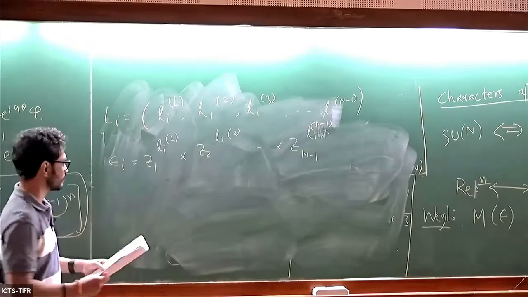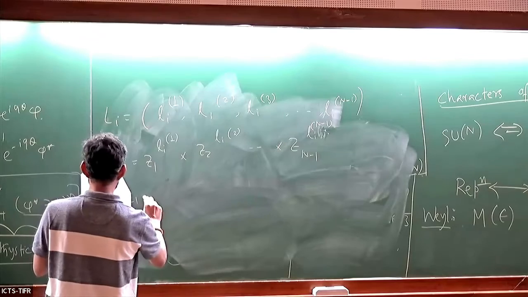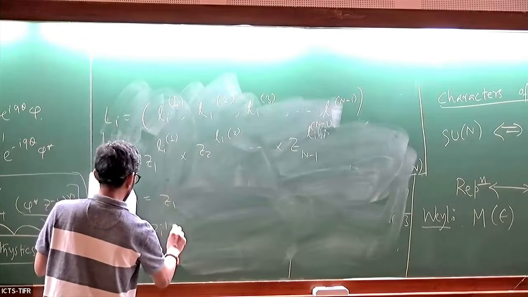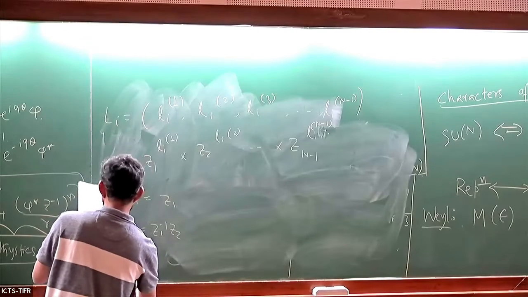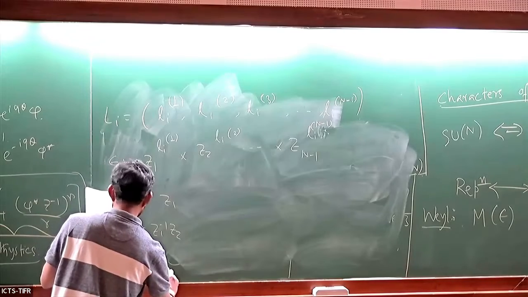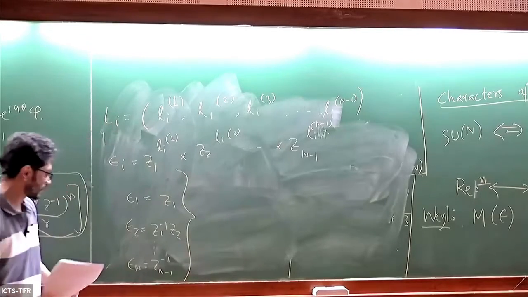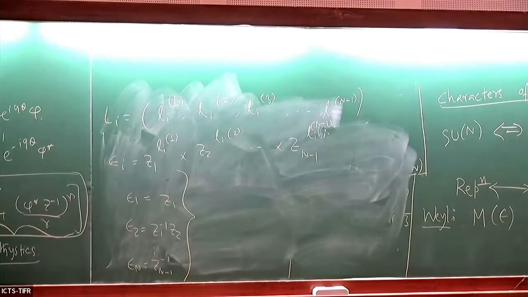And if you do it carefully, you should be able to find that epsilon 1 equals z1, epsilon 2 equals z1 inverse z2, and so on, and epsilon n equals z n minus 1 inverse. Now you see, I had n epsilons which are not independent, but all these n epsilons I am now writing in terms of n minus 1 z's. So now I am going to a basis where all the z's are independent. So I have removed that redundancy.